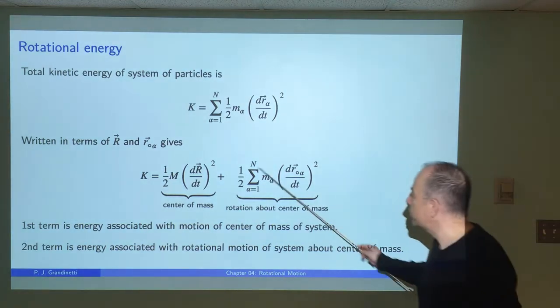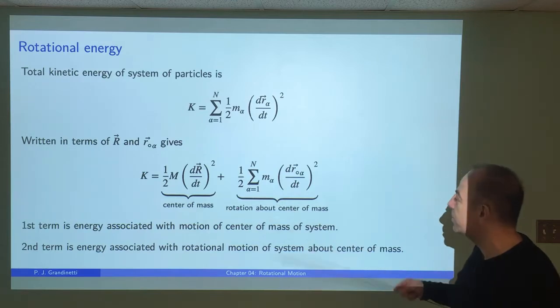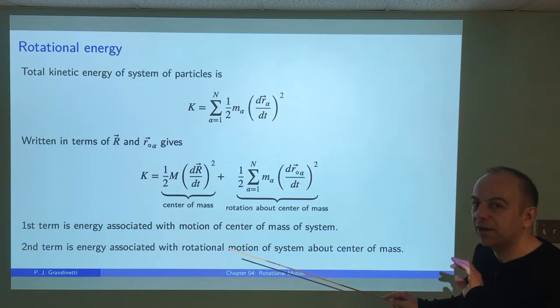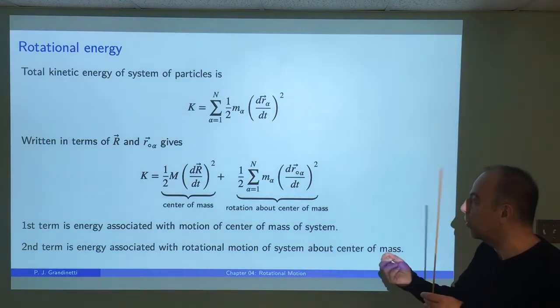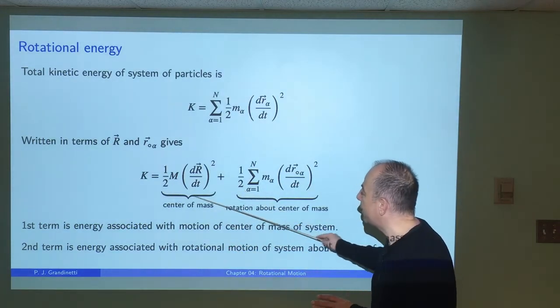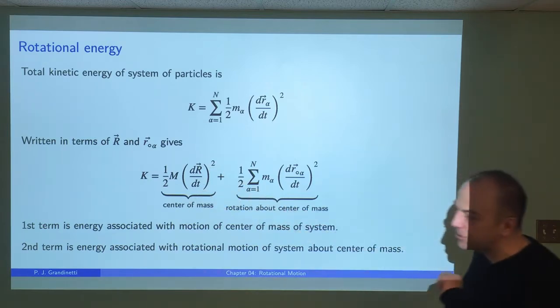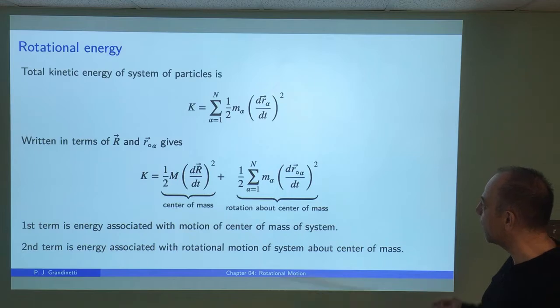This will be important, because when we talk about rotational energy, if we define the origin correctly, we can take the center of mass kinetic energy and throw it out of the problem, and just focus on the kinetic energy associated with rotation about the center of mass.